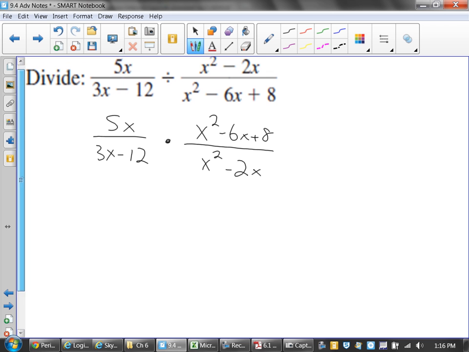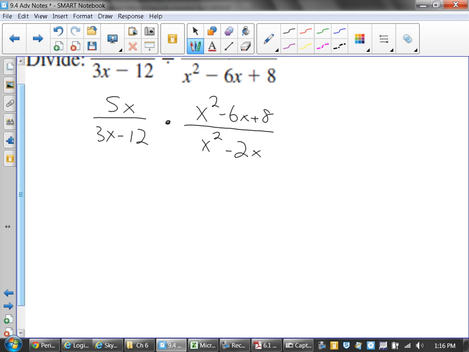So as you go through, can you simplify anything out of the 5x? No. Nope. What do you do in the denominator there? Take 3 up. What times what is 8, and you add together to get negative 6? And what can you do in that denominator?